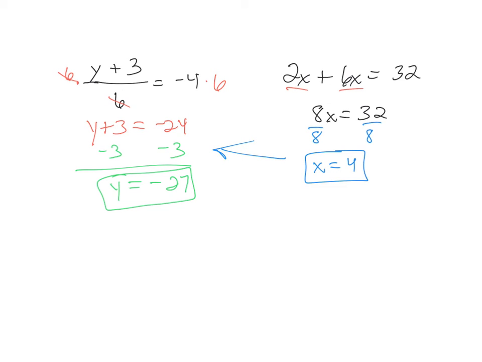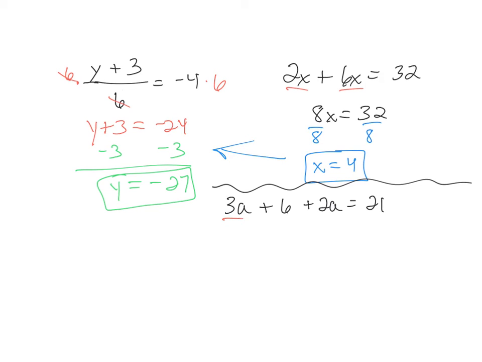Okay. I lied. One more example. So let's say 3a plus 6 plus 2a equals 21. You'll have a couple like this. So no parentheses.